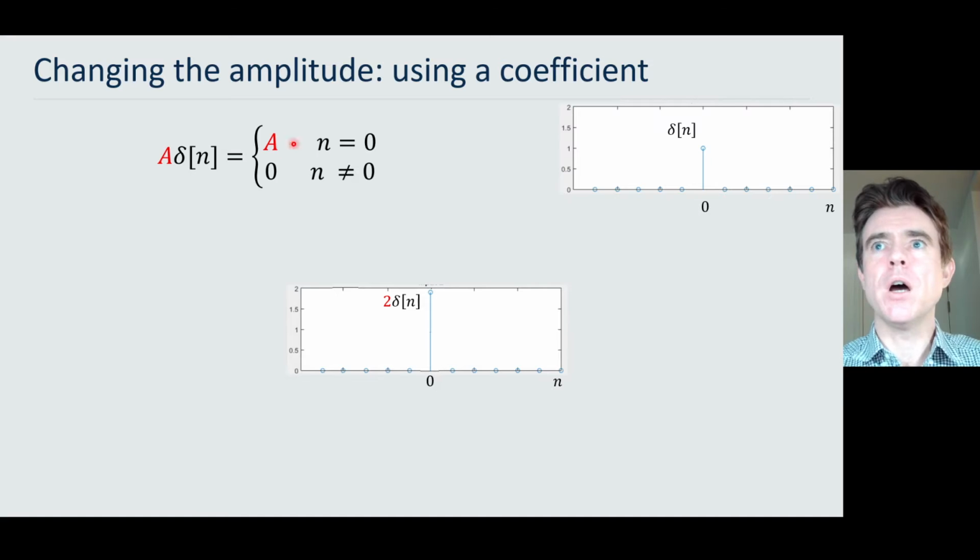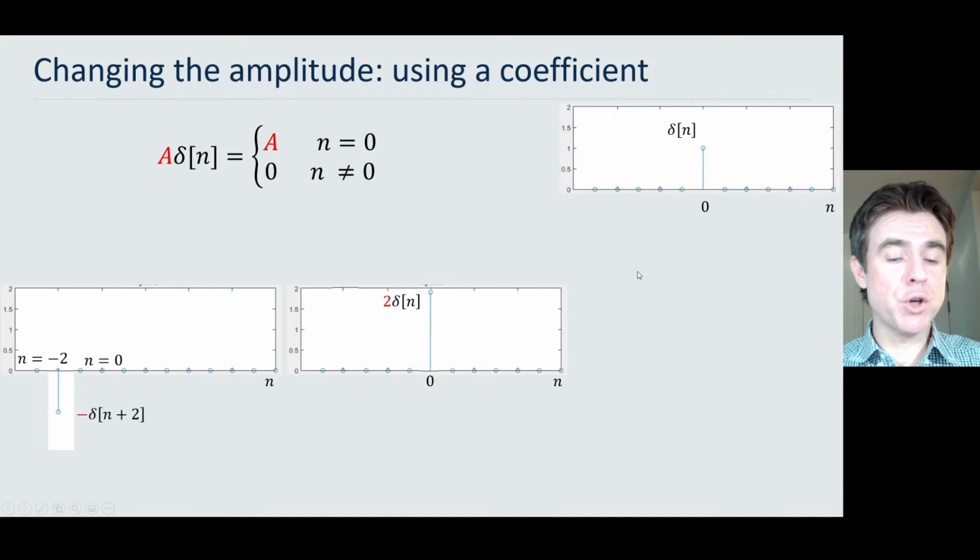What I'm showing here again is the original unmodified discrete delta function. Here I've chosen a value of A equal to 2, and so the function is 0 everywhere except when n is equal to 0, and that value of 2 just means the height is now doubled, a factor of 2 compared to the unit height of the unmodified discrete delta function.